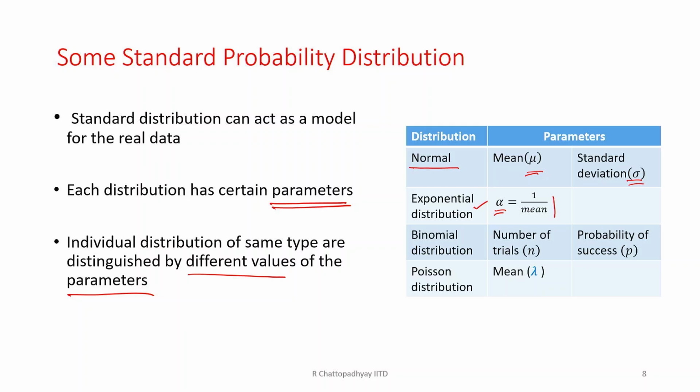So why is it so? We will gradually learn them. Another distribution is the binomial distribution, and there are two parameters here also. One is the number of trials or number of experiments, which is small n, and another one is the probability of success in the trials, which is p. So these are the two parameters for binomial distributions.